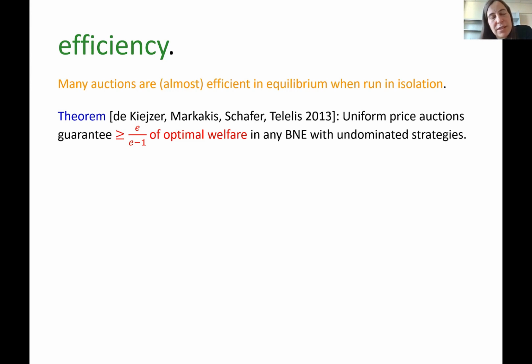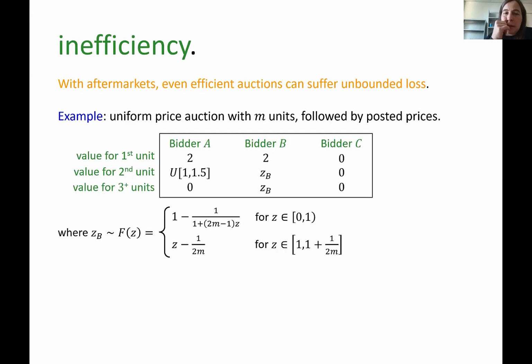They don't necessarily have to be efficient, because people might want to engage in demand reduction, but they're guaranteed to be approximately efficient when there are no aftermarkets. What I'll show you now is that when there are aftermarkets, even efficient or approximately efficient auctions, like the uniform price one, can suffer unbounded loss.